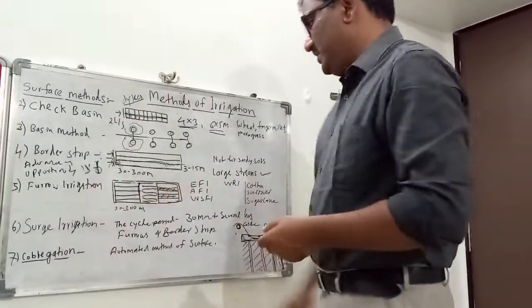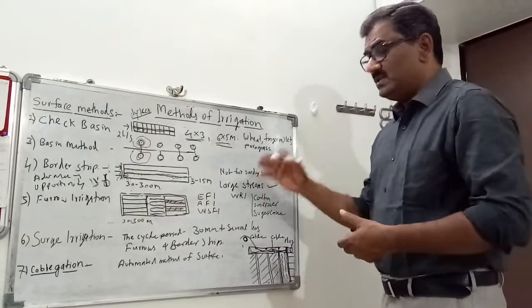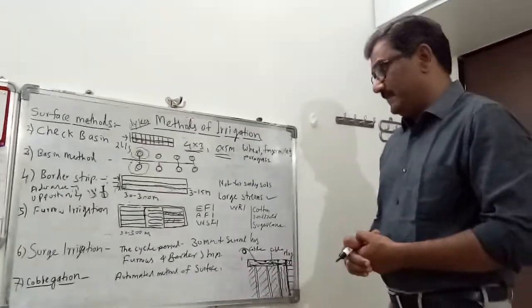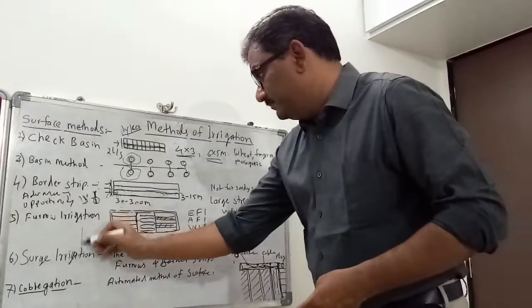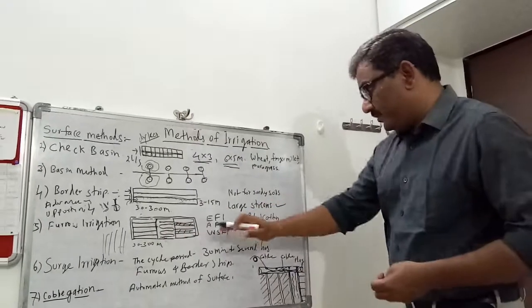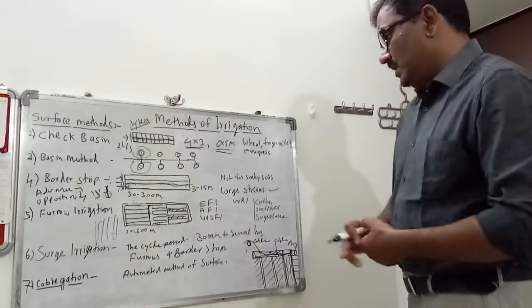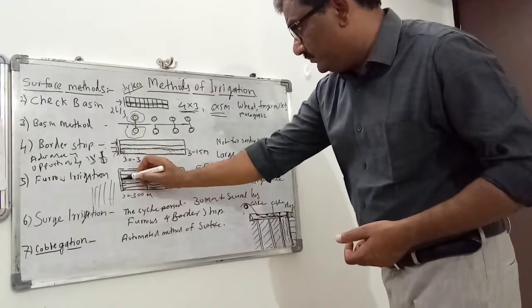In case of furrow irrigation, it is again one of the very popular methods which farmers are adopting at different levels, where furrows are prepared by forming ridges. There are 3-4 methods of furrow irrigation. Every furrow irrigation means applying water to every furrow.